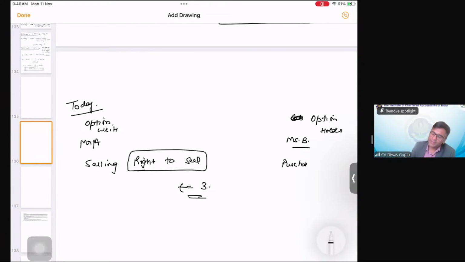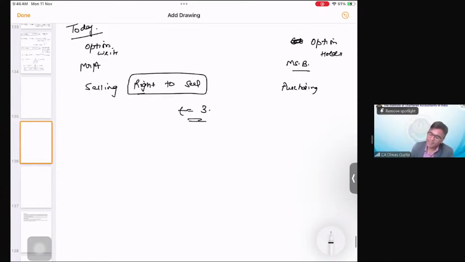Now, what will happen after 3 months? If, let's say, the option gets exercised, Mr. A, who has sold the right to sell, will have to purchase the equity share. Let me also specify the right to sell of equity of X Limited.